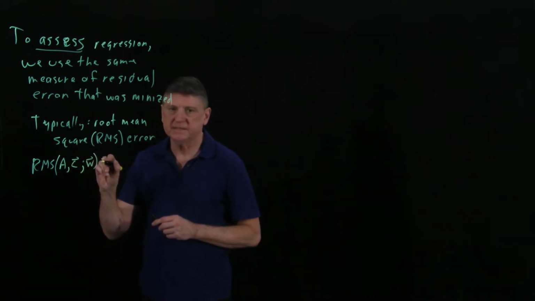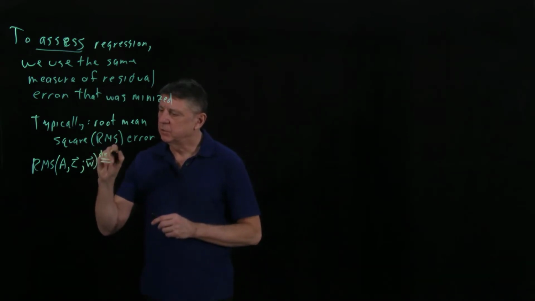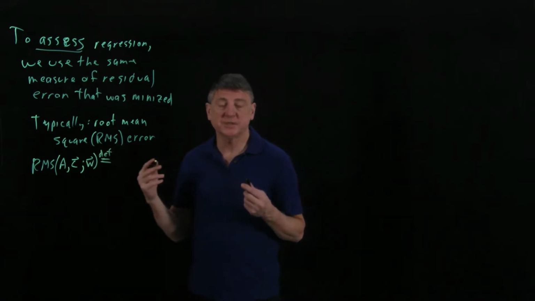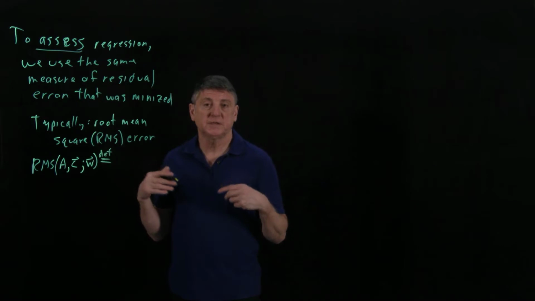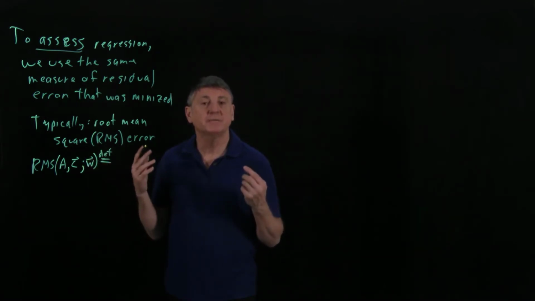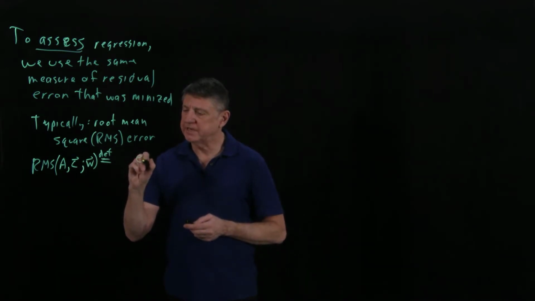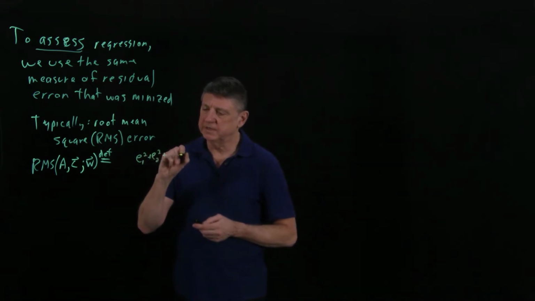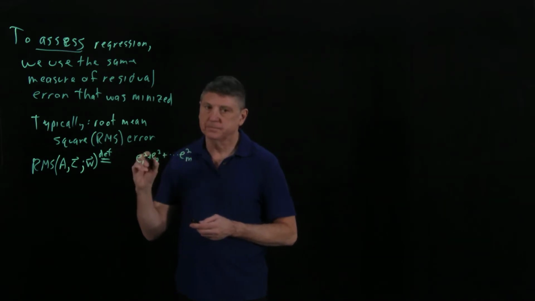And in our case, the way that we'll do that is we were trying to minimize the sum of the squares of the error, and for statistical reasons, the sum of the squares of the error will increase infinitely if we increase the number of observations. So we have to correct for the number of observations. The way that that's usually done is we'll take error 1 squared plus error 2 squared, and so on until we have the errors of all of the data.